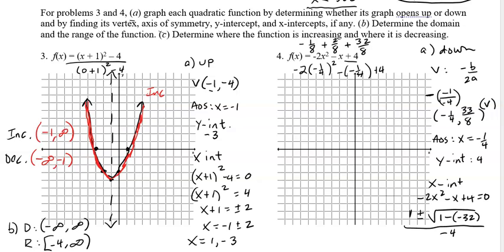So now you'll just go to your calculator and come up with those 2 decimals. So I'm going to do 1 plus the square root of 33 divided by negative 4. And that's negative 1.69.